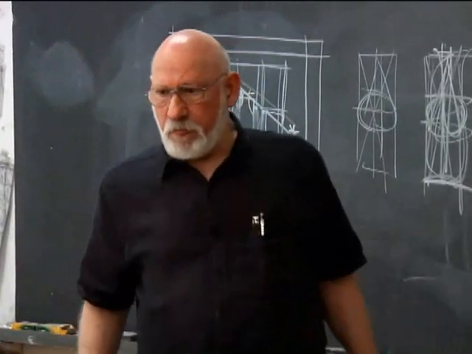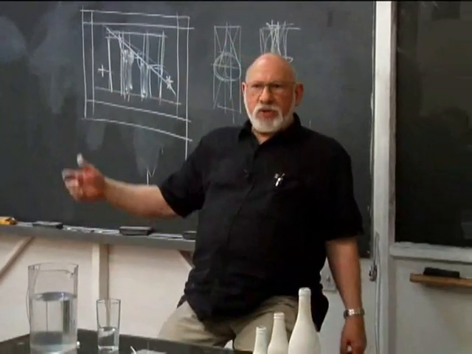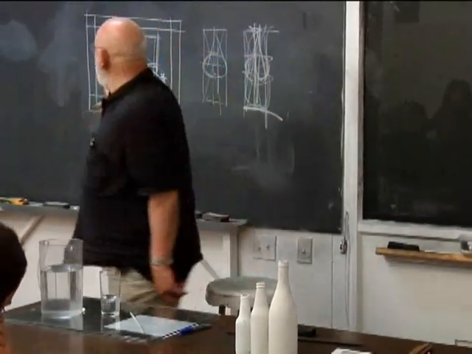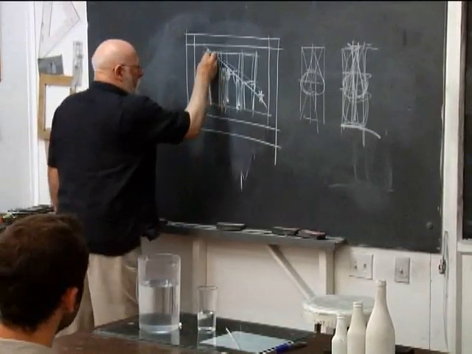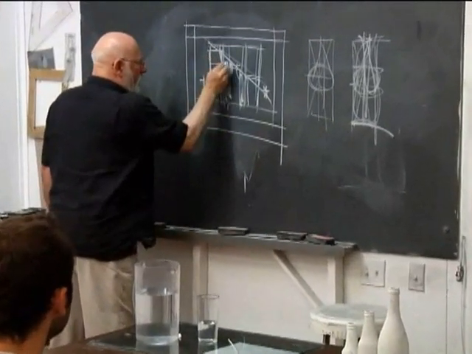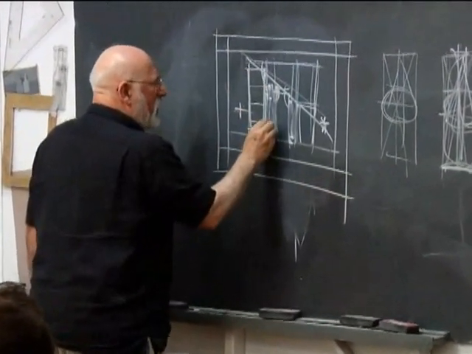Does that make sense? So then, if you wish, what you can do now is say this is a 1 by 3.5 bottle, so you get this set up 1, 2, 3.5. You know what this size is.